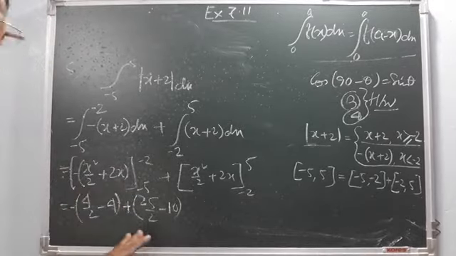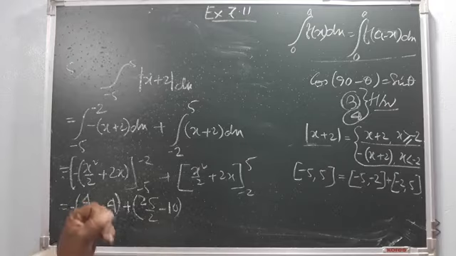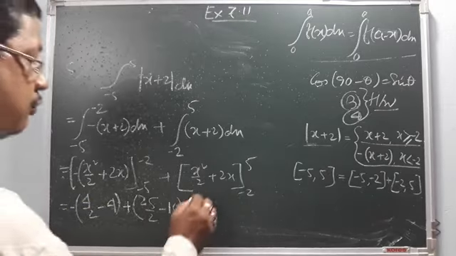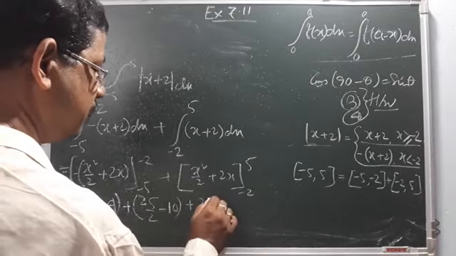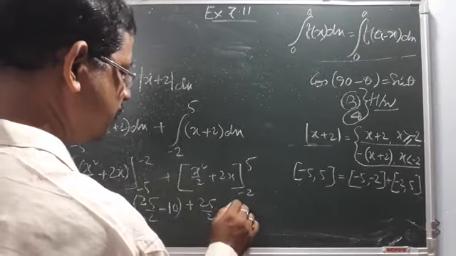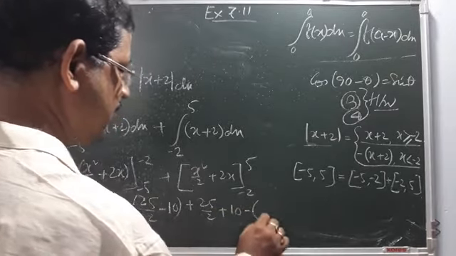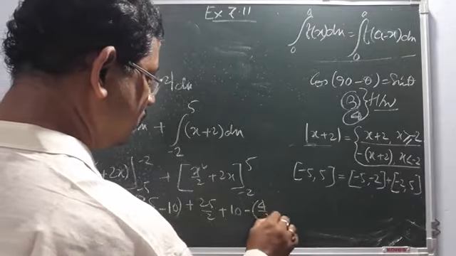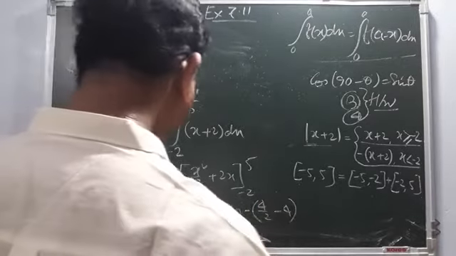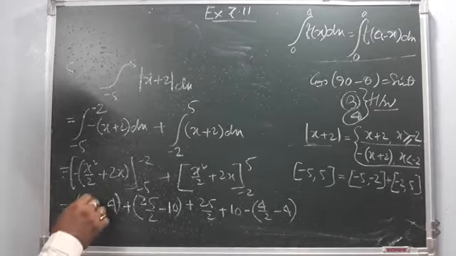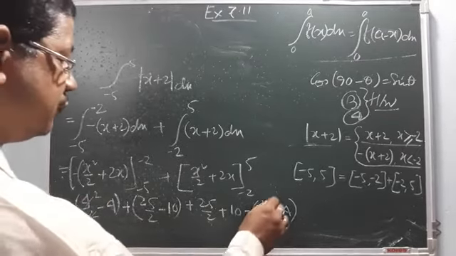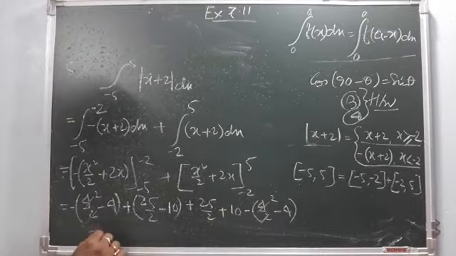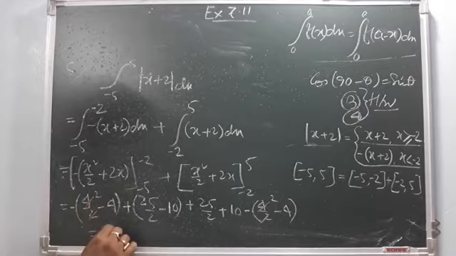In between these two we have to put one minus, minus makes it plus. Now if we put 5 here, 25 by 2, here it is 10, minus, inside the bracket, minus 2 gives 4 by 2 and it is minus 4. It is 2, this is 2. So we get 2 minus 4 is minus 2, and this minus gives plus 2.